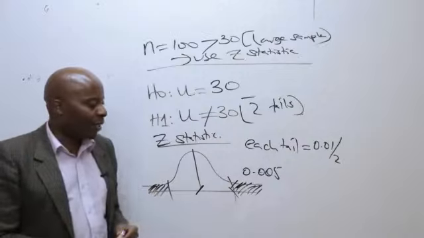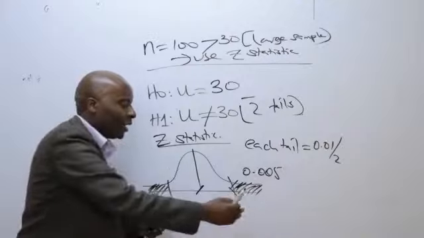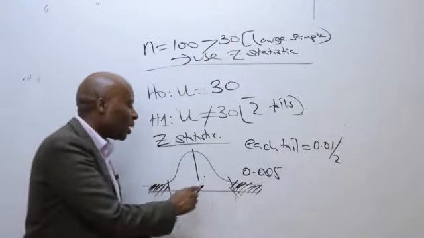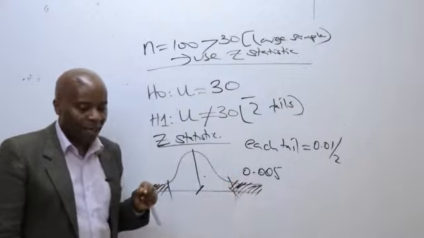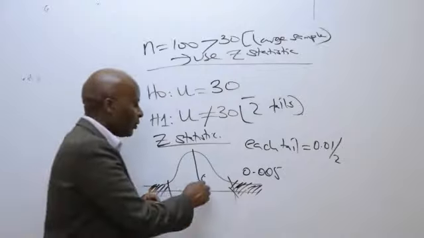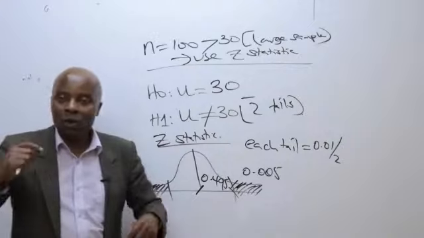So 1 divided by 2 gives 0.5. With this small shaded area of 0.005, this one will be 0.5 minus 0.005, which gives me 0.495.